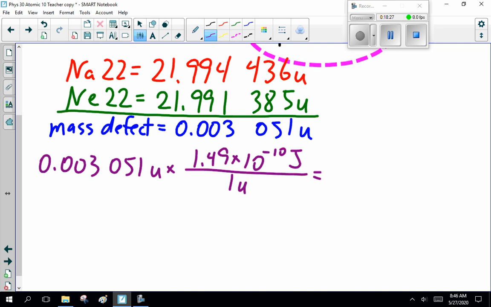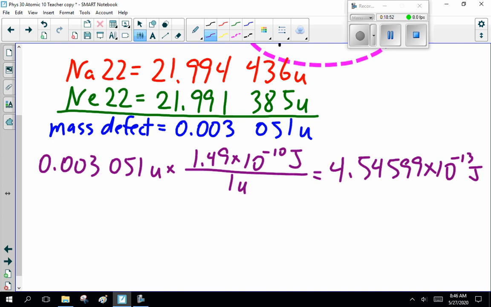And of course, I'm doing it a different way, so I haven't done the calculations yet, but help me as we go along. This is 4.54599 times 10 to the minus 13 of a joule. So that is per atom.